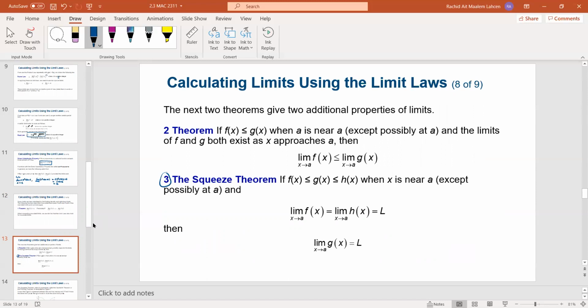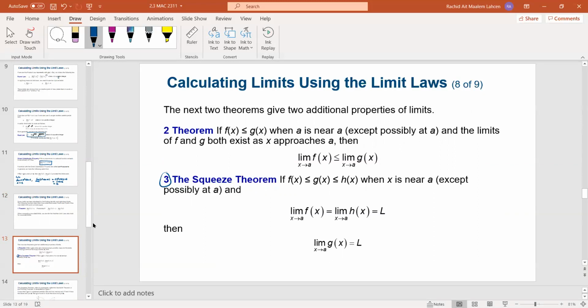But this one, of course, if you think about it graph-wise, if f of x is less than or equal to g of x, and think about the y values, right? If there is a graph below this graph, right? When x is near a, except possibly at a, anytime we talk about limit, we're not really taking that number, we're going close to it, just like you saw in the other examples.